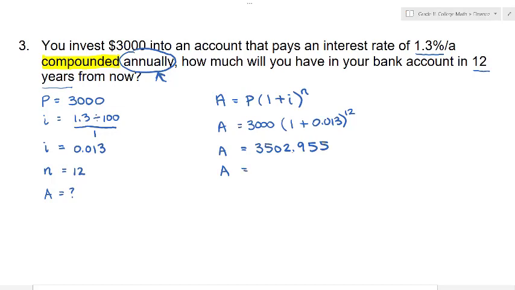So I'm going to round this. I always want two numbers after the decimal place, but this 5 should get rounded up because it's followed by a 5, which is 5 or bigger. So it would be 3502.96. So therefore, I will have $3,502.96.